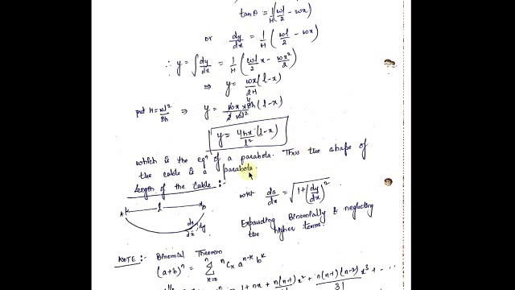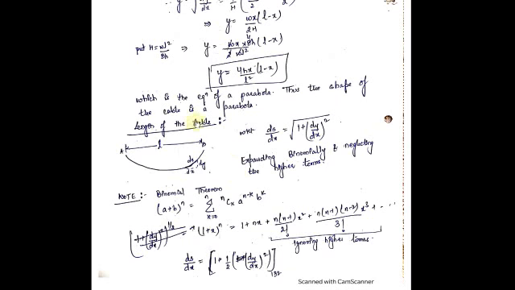You have to keep in mind that whenever a cable is subjected to a UDL, the shape of the cable is a parabola. Now we have to find the length of the cable. We have drawn a rough sketch here. So this is your cable A and B. The horizontal length is L. Suppose the small curved length of this cable is ds.